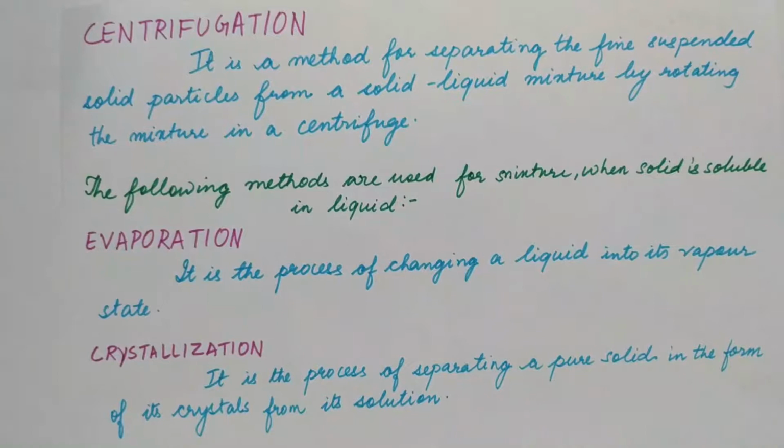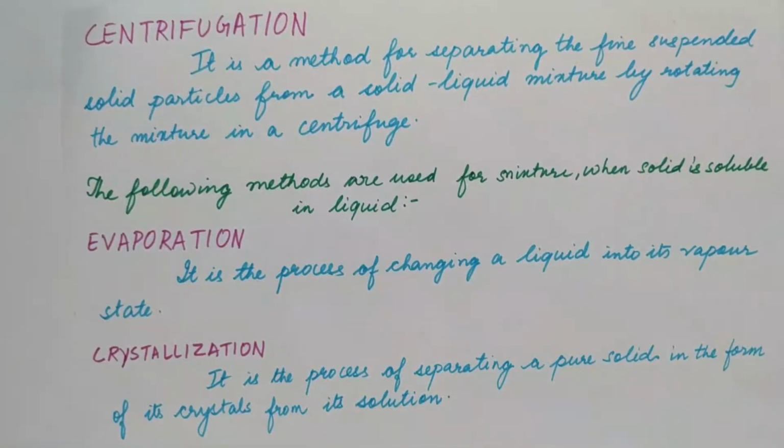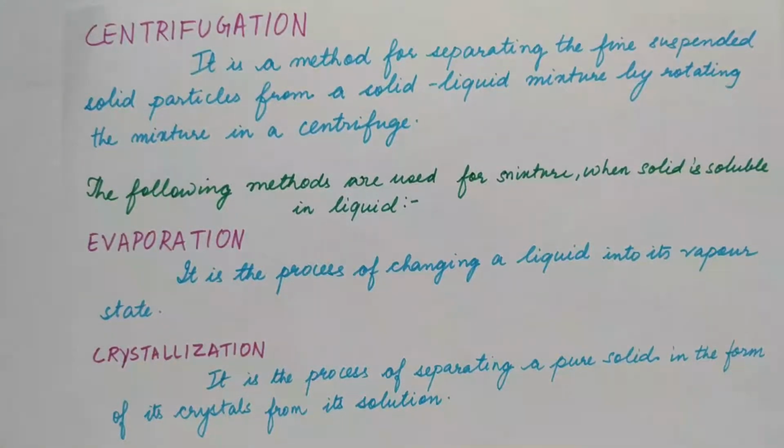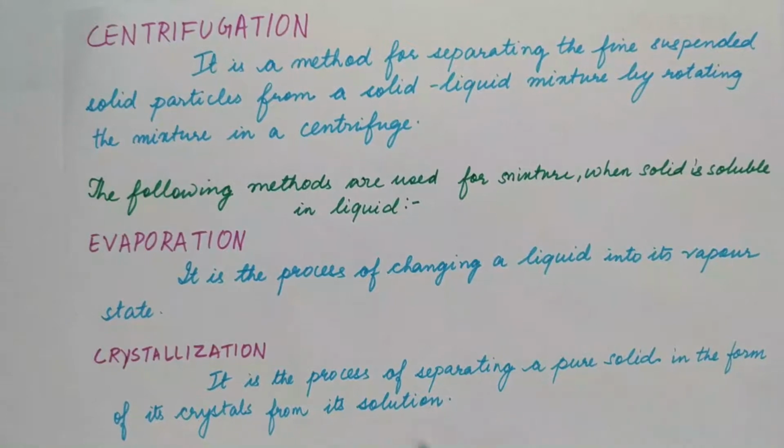So we are discussing solid liquid mixture. And then our last method is crystallization. It is the process of separating a pure solid in the form of its crystals from its solution. In this method also, the common salt from seawater can be removed by the process of crystallization. Even the impure samples of copper sulfate and alum can be purified by the crystallization method.